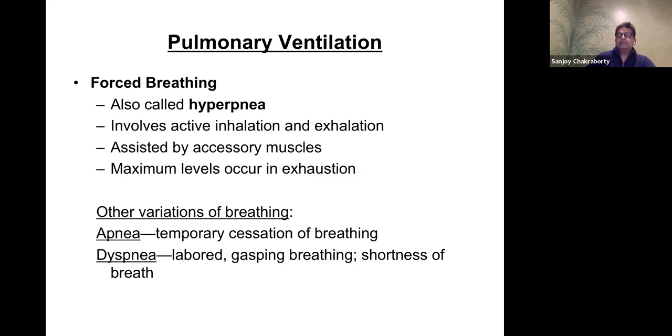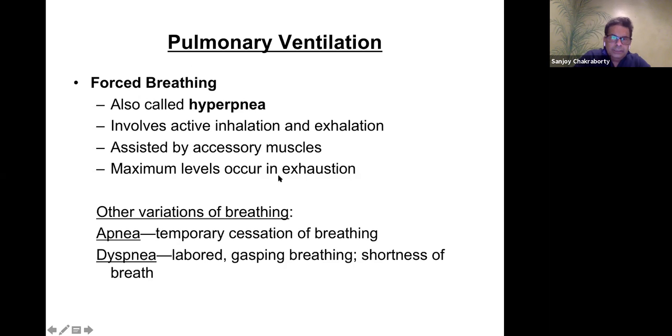But for example, if you're running on a treadmill for 20 minutes, then your breathing rate increases and your breathing pattern changes from passive to active, because now you're forcefully breathing out. So your abdominal muscle gets engaged on top of the diaphragm. They are trying to push the diaphragm even more so that you can breathe out more air. And the more air you breathe out, the more air you breathe in.